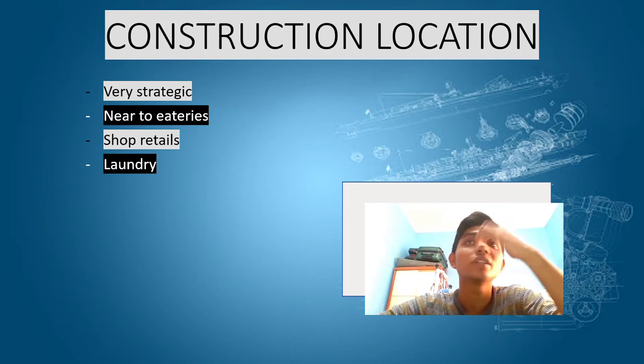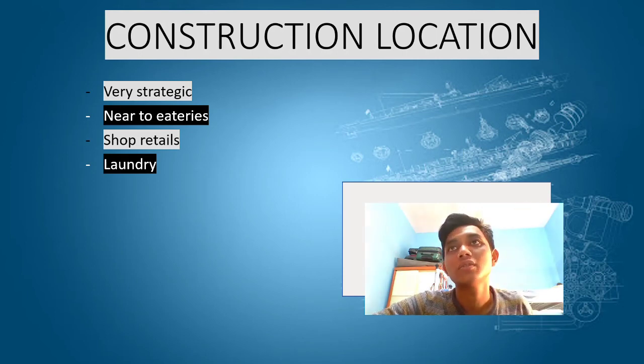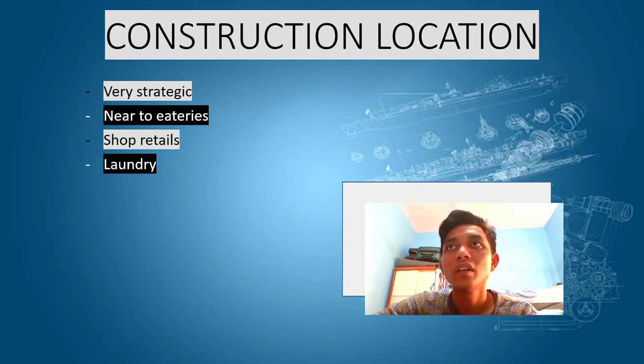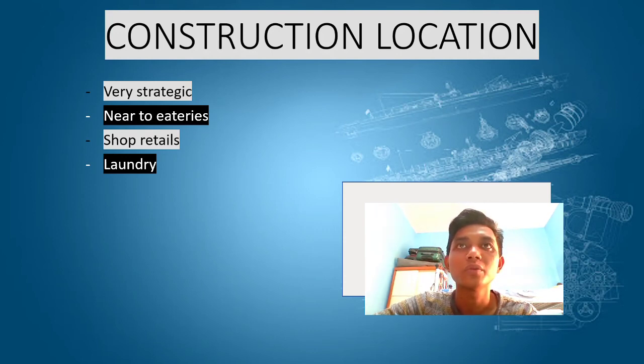Okay, now for the specific location. The location of the one-story bungalow that we have planned for the construction is in Perak, Malaysia. The bungalow will be located in the district of Ipoh, with 31300 as the zip code. For the site of our house, we have chosen the sub-district of Sungai Raya because the village atmosphere is not so crowded compared to the first location we planned to choose, namely Ulu Kinta, Perak.